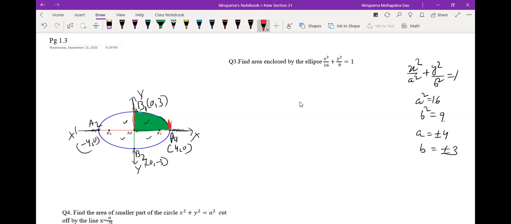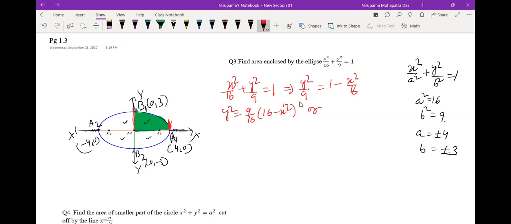So here you can write x square by 16 plus y square by 9 equal to 1. This is the given curve. So y square by 9 equal to 1 minus x square by 16. So y square is 9 by 16 into 16 minus x square, or you can say y equal to 3 by 4 under root 16 minus x square.